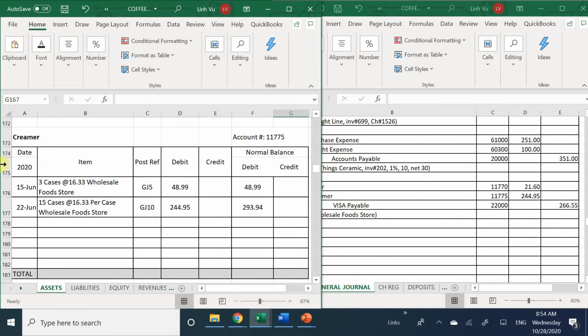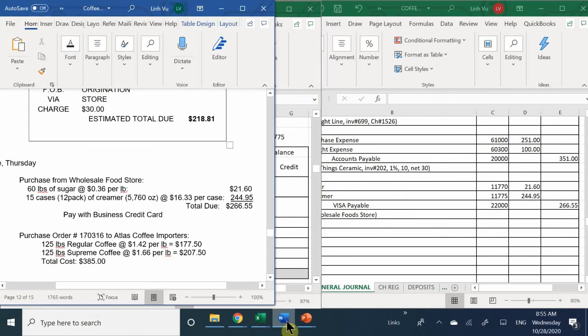Creamer? The date is 6/27. And how much did we buy here? We bought 15 cases. Okay, good. 15 cases. And then General Journal 17.